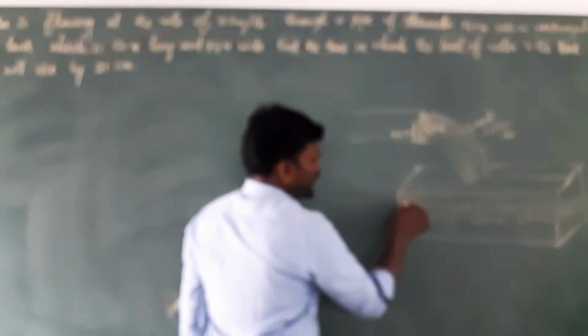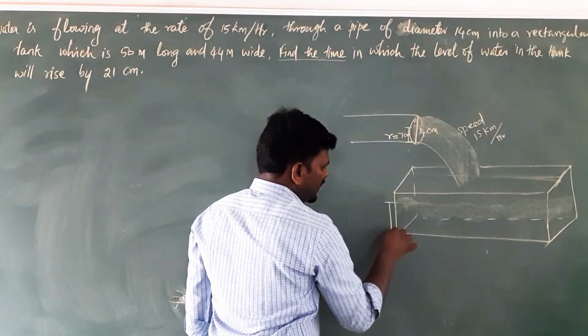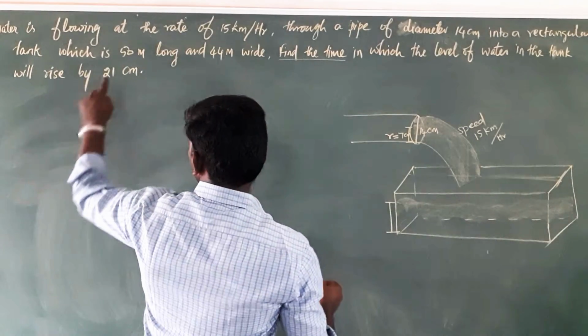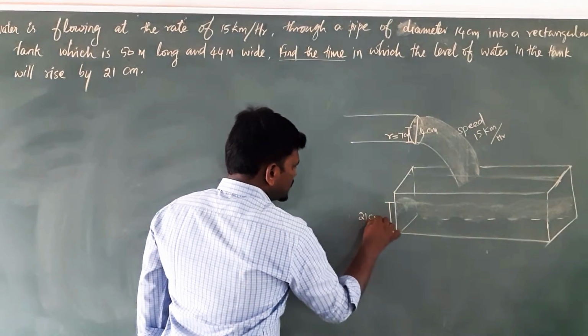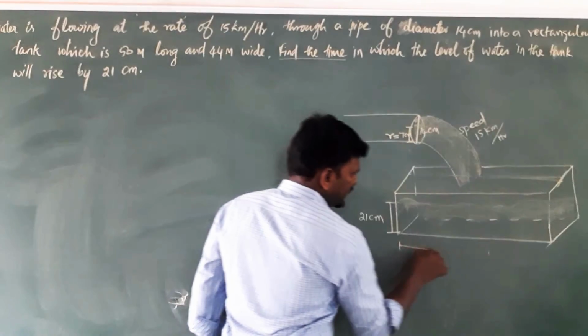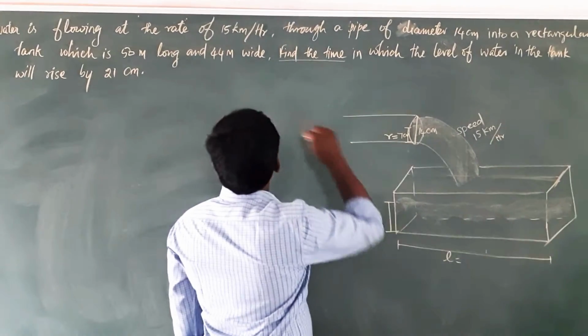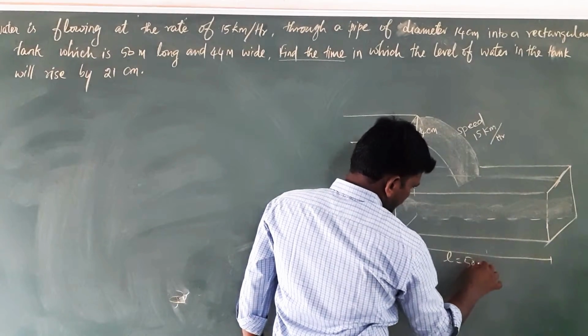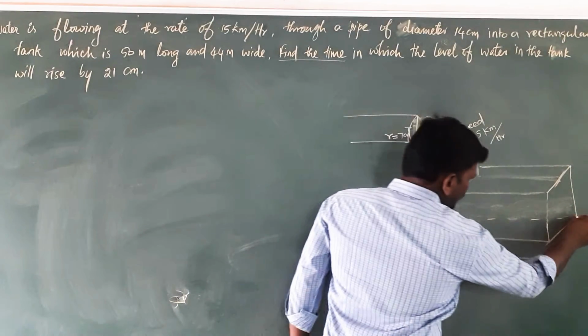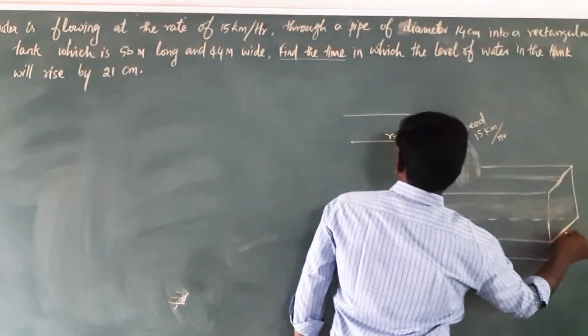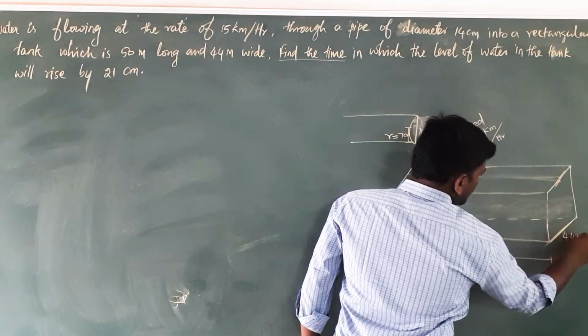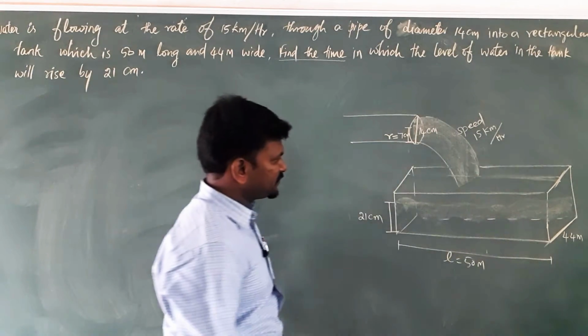The height of the water level will be 21 centimeter and the length of the tank is 50 meter and the wide, which means breadth of a tank, is 44 meter.